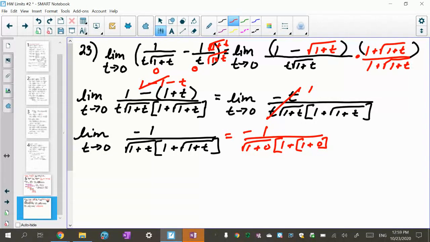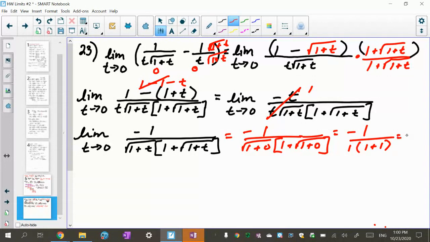And that's the square root here. Let me erase this. Sorry, I didn't mean to confuse you. It's 1 plus the square root of 1 plus 0. Sorry about that. So when I do that, it's negative 1 over 1 times 1 plus 1.